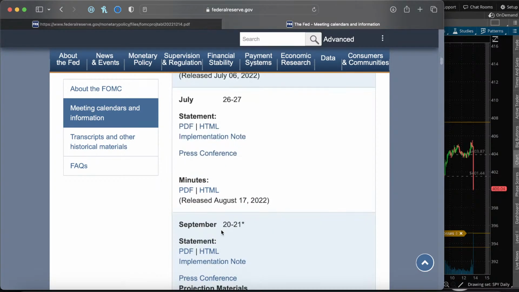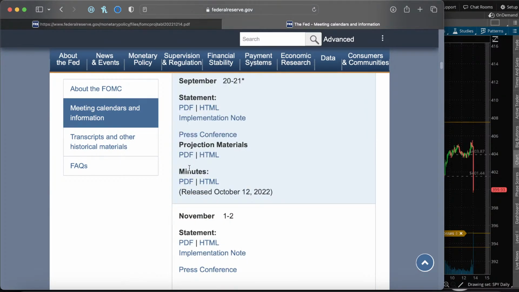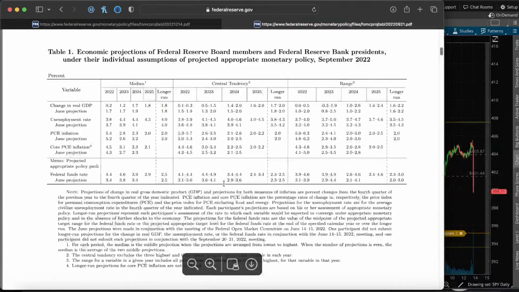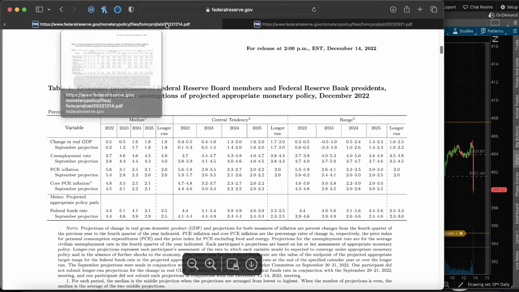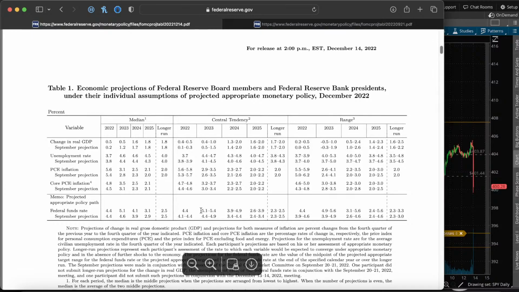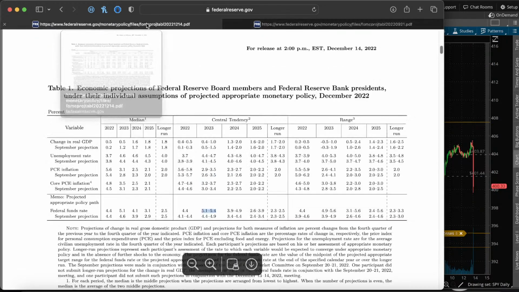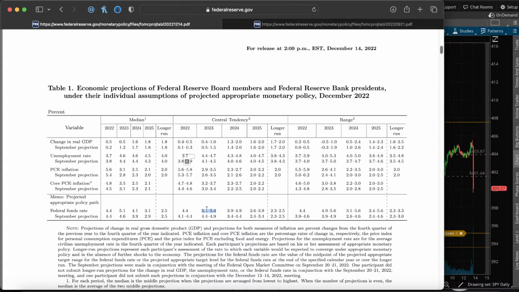So let's go to September. Projection materials from September and compare. So if we look at the old one, they were estimating 4.4 to 4.9% as a top rate for 2023. So now they went to 5.1 to 5.4%. So that is a 60 basis point jump, which is pretty significant.